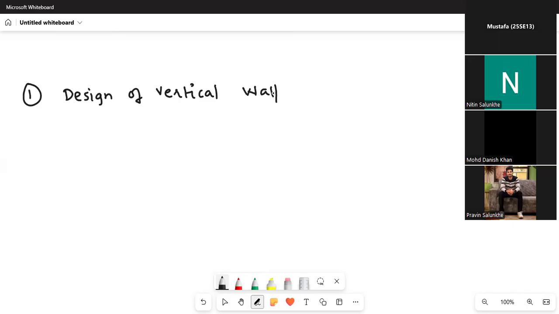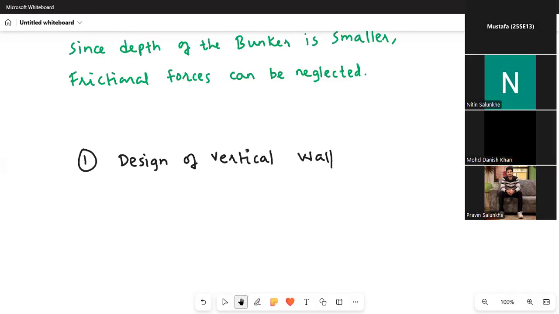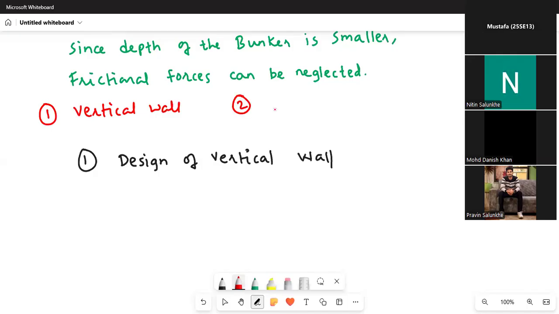It is not subjected to frictional force. So what you need to design in the rectangular bunker? First, you need to design the vertical wall. Second, you need to design the hopper bottom. So first we will discuss the design of the vertical wall.